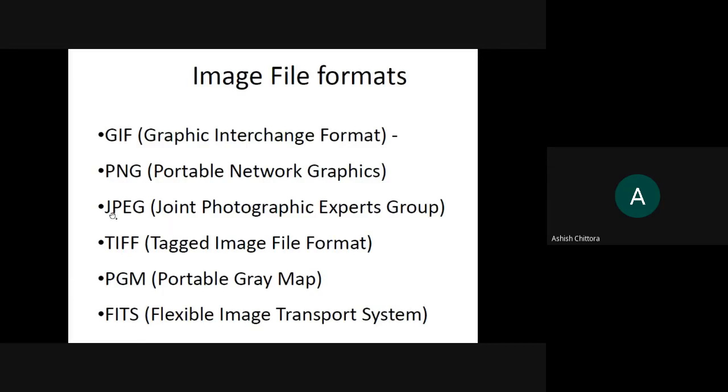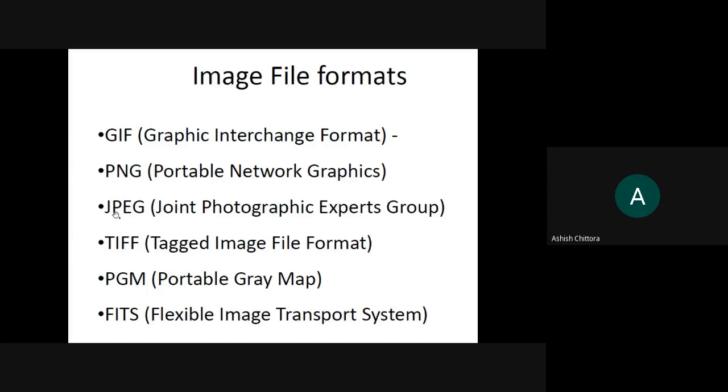We will also discuss JPEG in the image compression module. JPEG consists of different stages of storing the image, and it uses the discrete cosine transform to convert the data into the frequency domain.